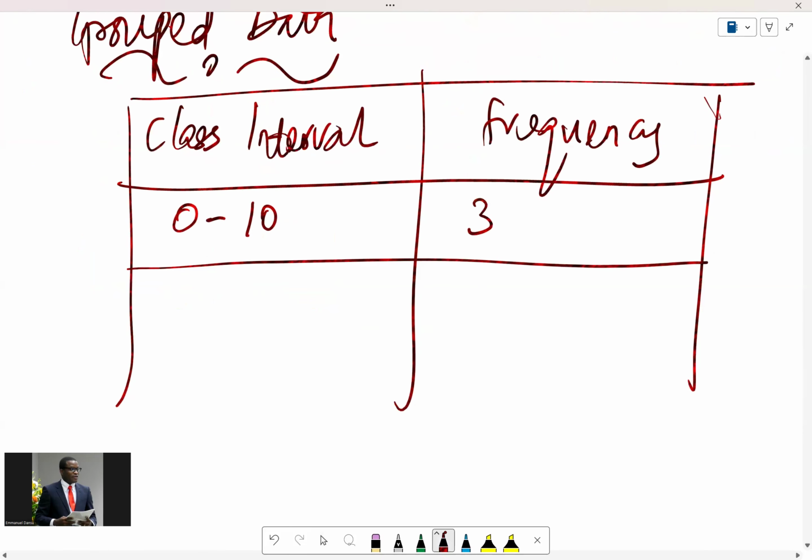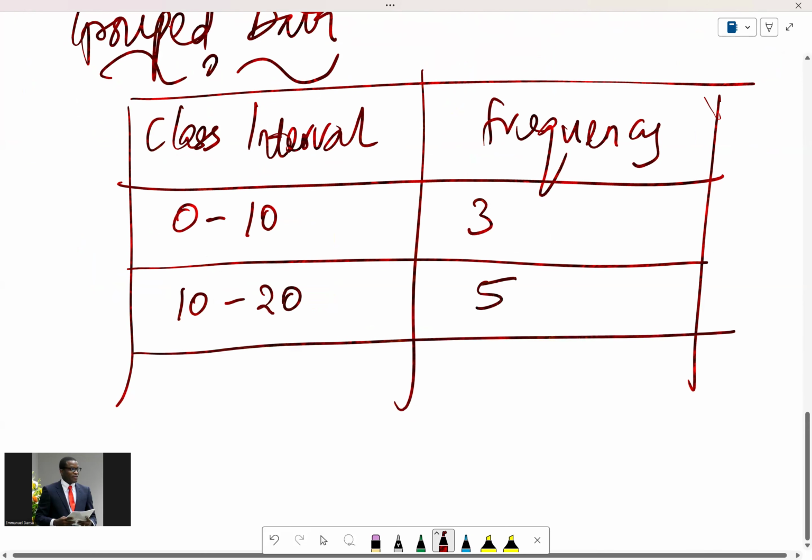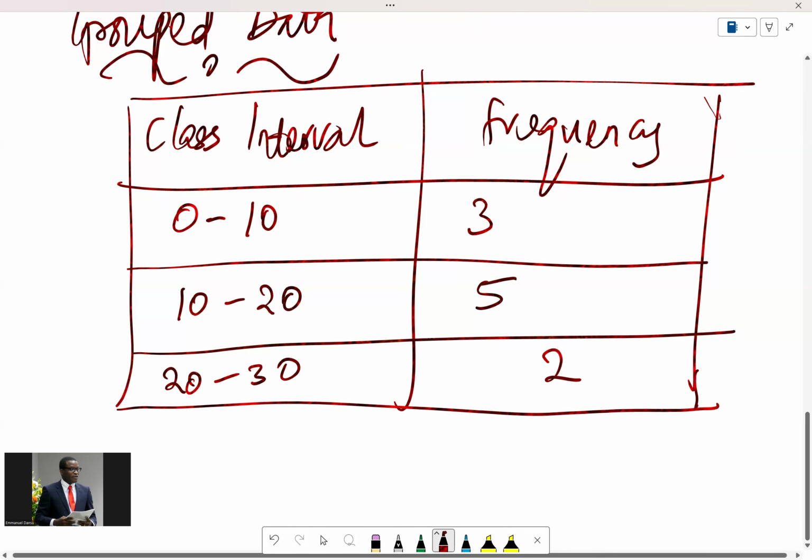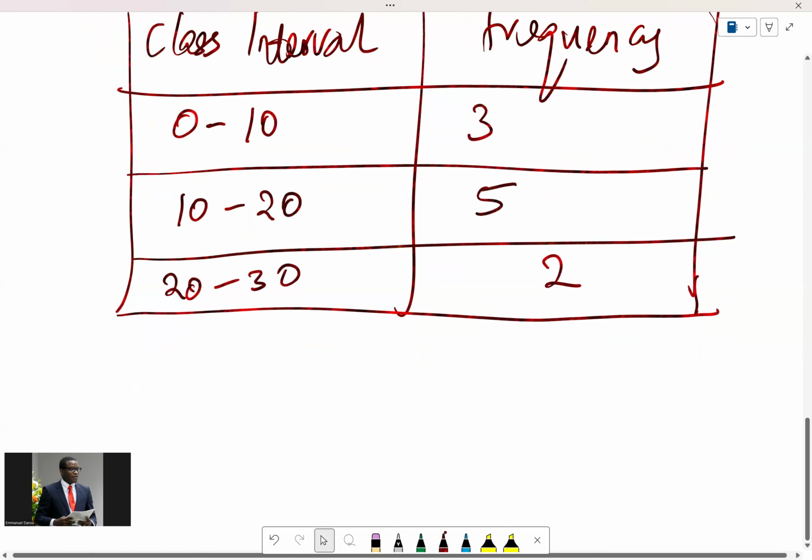The second one, you have 10 to 20, and that occurs 5 times. And lastly, you have 20 to 30, and that occurs 2 times. Okay? So, of course, here, it may look like you need to do something big, but not necessarily.